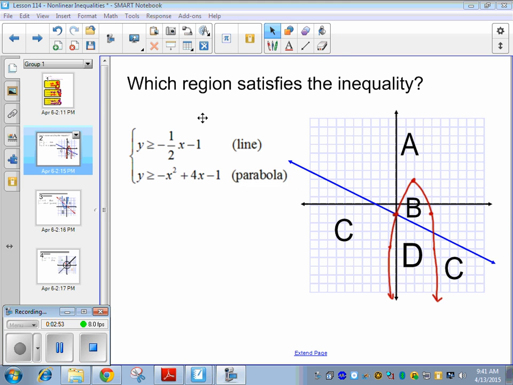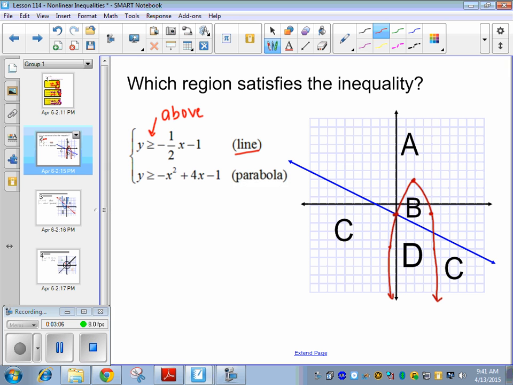For this one, we're shading greater than. For the line, you need to know it's a line. It says y is greater than, so that means shade above. If we're shading above the line, that would be regions A and B. A and B are above the line.